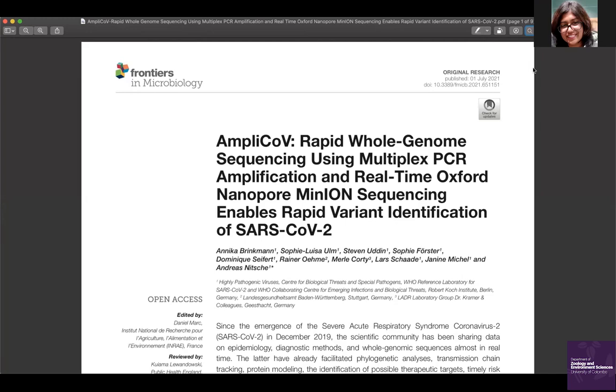It's inbuilt, you don't need a separate computer for this. Everything happens inside, so they incorporated these two devices together. It's one piece of equipment, but the read quality does not depend on the computer. It depends on the library preparation steps or the kits you are using, and also on the quality of the samples.